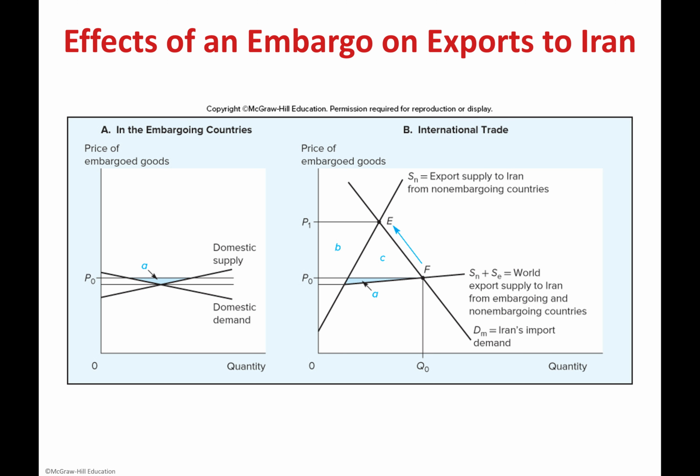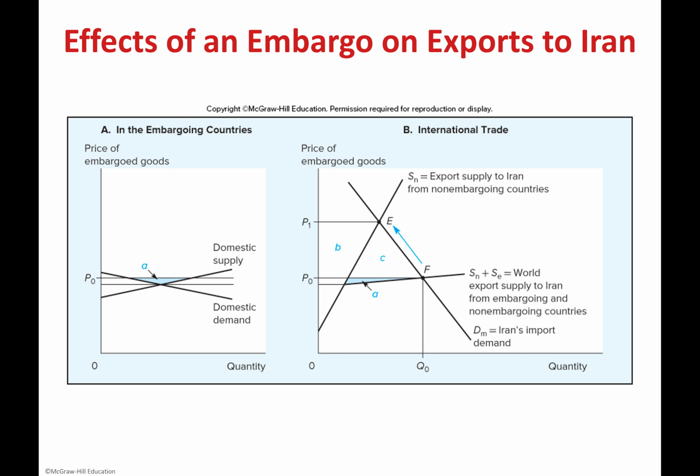Here we see the effect of this, and notice in the diagram, let's start off with B on the right hand side. This is the total exports to a particular country. That's SN plus SE.